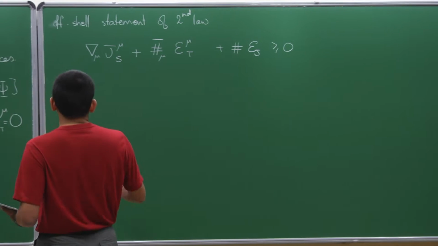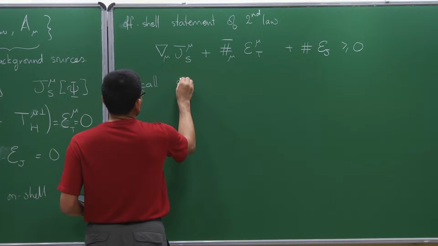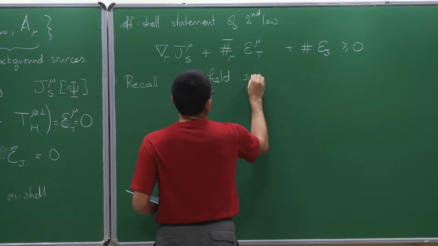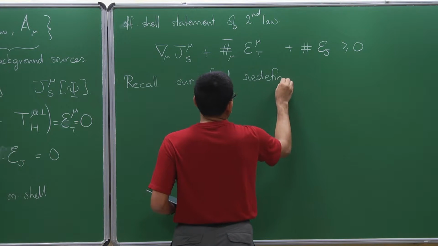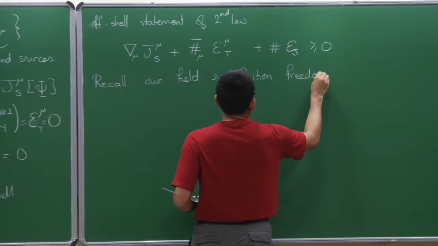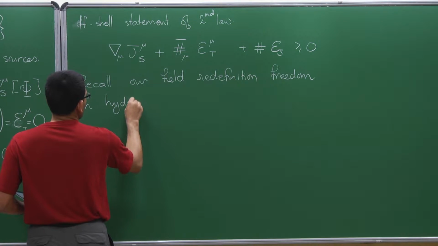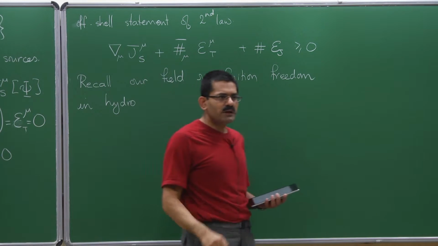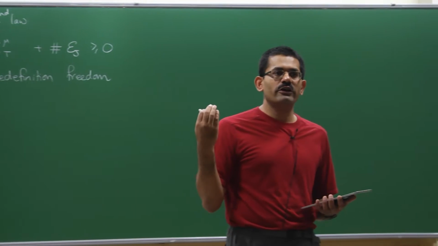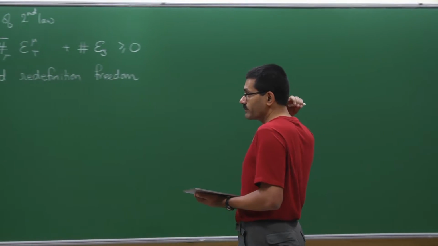But recall that we have some field redefinition freedom, whereby I had a velocity field, but the velocity field was not canonically defined, and neither was the temperature nor the chemical potential.